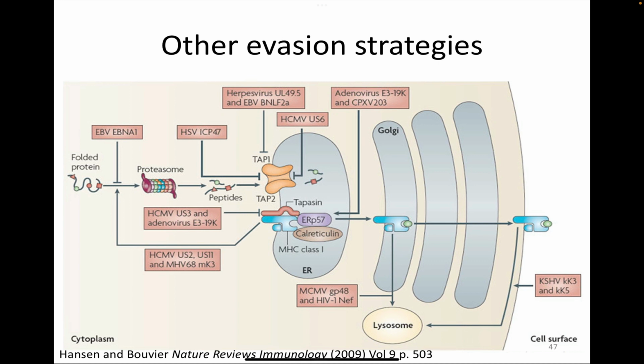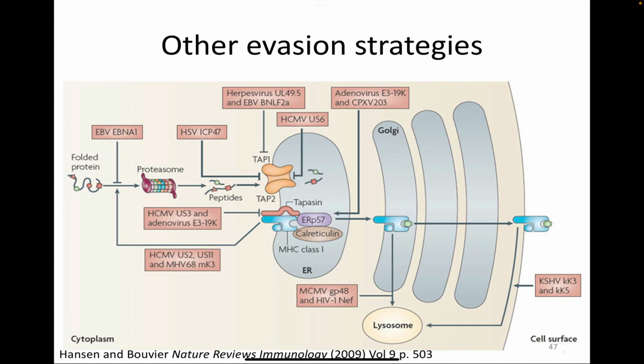And what I want you to see here is that basically all of my 6 steps have some virus that messes with it. There's some virus that tries to mess with MHC class 1 presentation in all of these situations. Some of them, like the EBNA1 situation, make it so that the protein can't get proteolyzed, but all the rest of this process works. But all of these other ones are pretty dramatic.